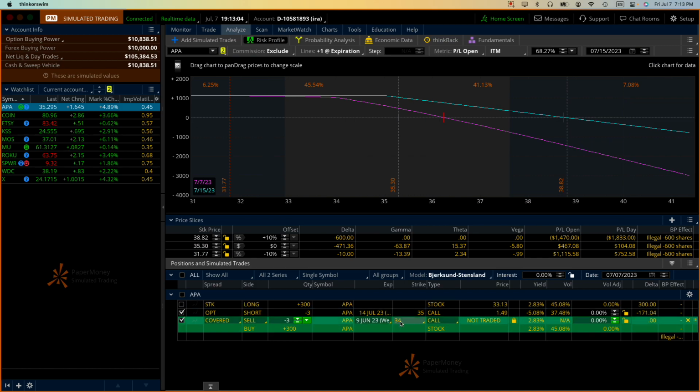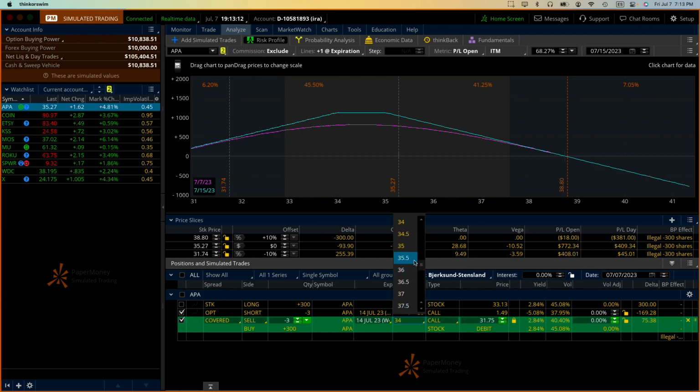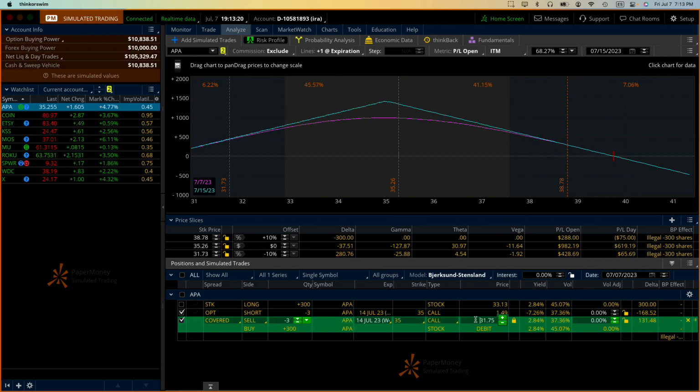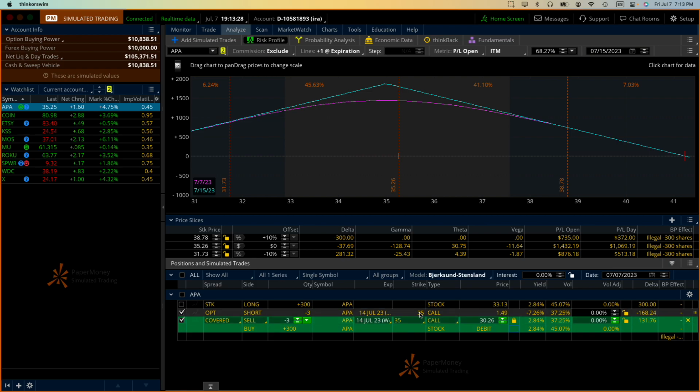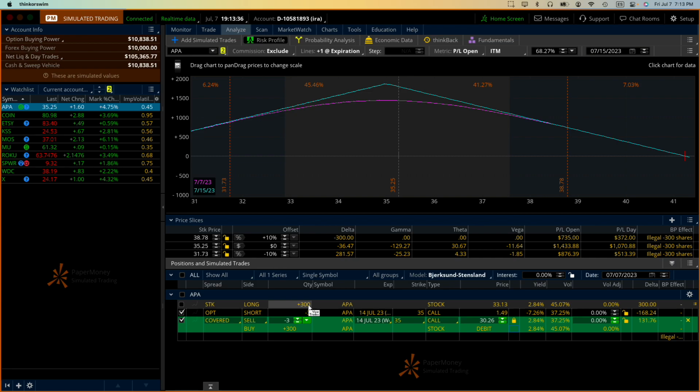You can see that it says 34, but now it's 35, so we are going to adjust this to July 14th at $35, and I place my price here. That's my current price. You can see that the stock says 33, but the 2 calls have reduced my actual break even, the price I paid for the stock, to $30.26.